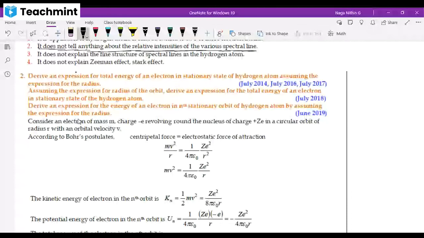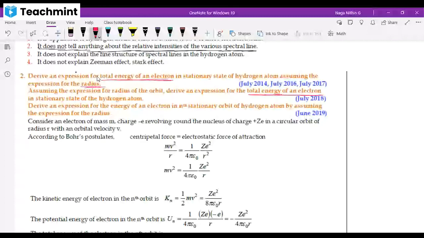So you have to derive an expression for the total energy of an electron. This question may also be asked like this: assuming the expression for the radius of the orbit, derive an expression for the total energy of an electron. So the second question is the expression for total energy of an electron.